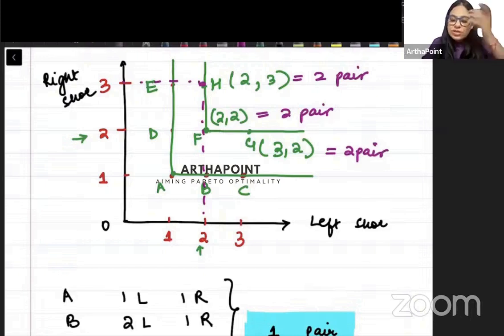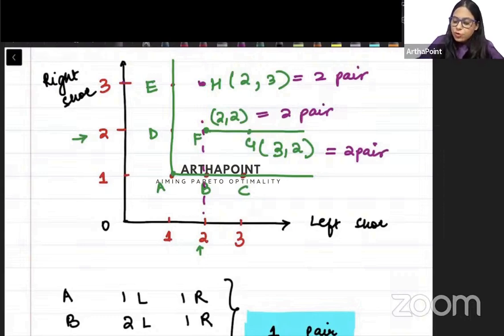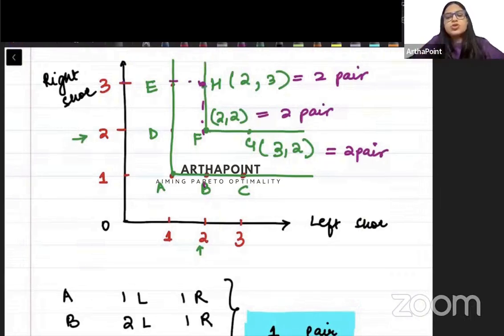So these points will give the consumer the same level of satisfaction because these points give rise to 2 pair of the shoes. इनसे 2 pair जूते के बन रहे हैं. You're giving rise to 2 pair of the shoes, right?